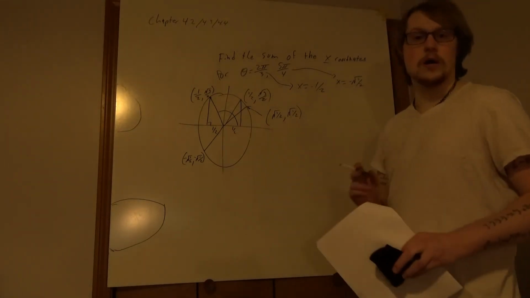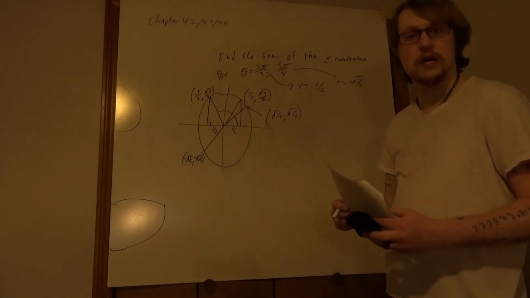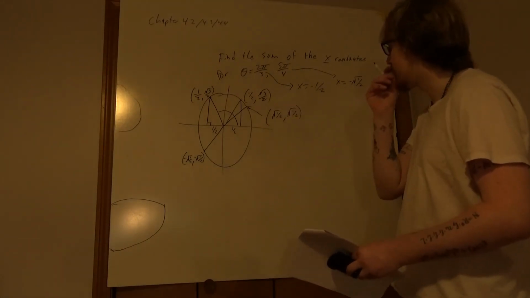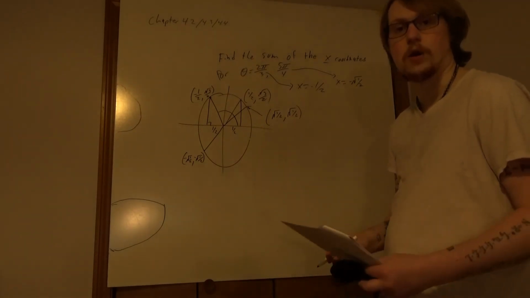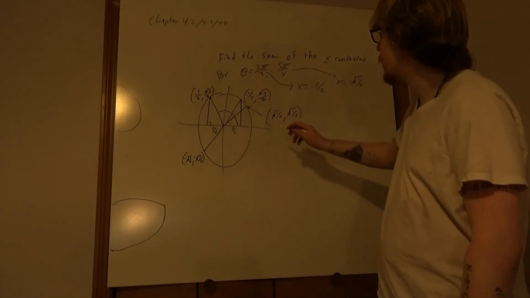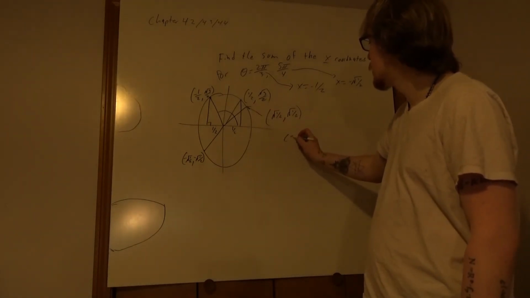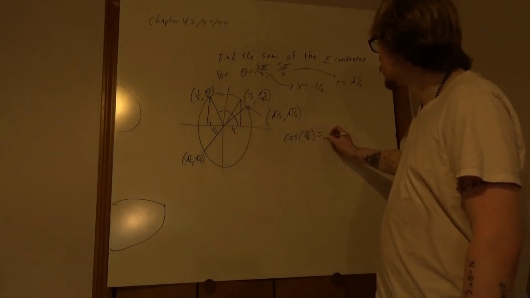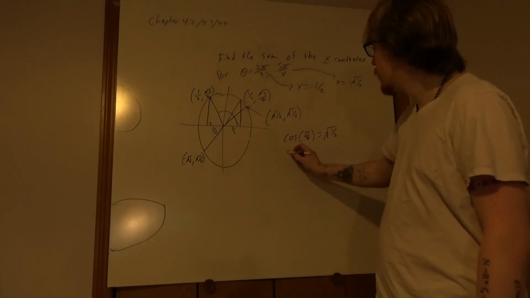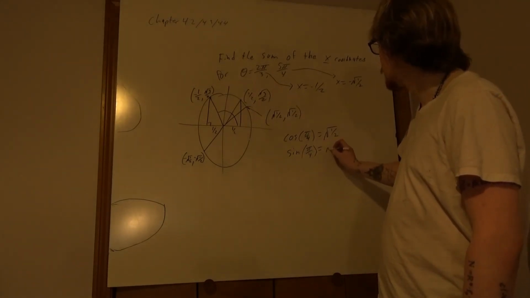So I'm going to do a little step here that I do in the notes earlier, but I didn't do before because I kind of skipped over it. On the regular unit circle, or almost any unit circle that you find on the internet or are presented in a textbook, you're not going to see pi over 4 written as cosine of pi over 4 equals the square root of 1/2, or the sine of pi over 4 equals square root of 1/2.